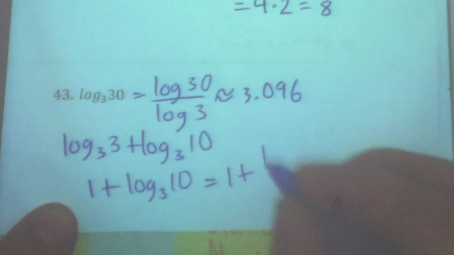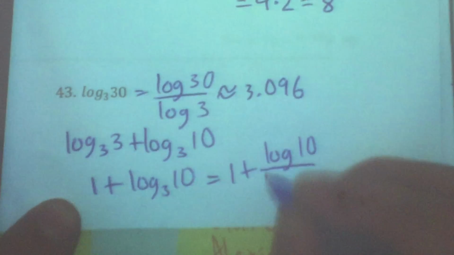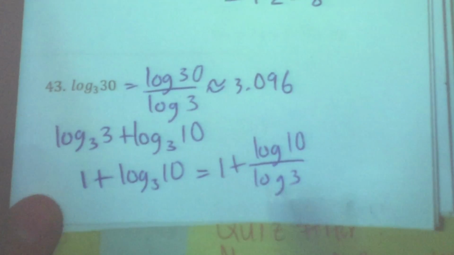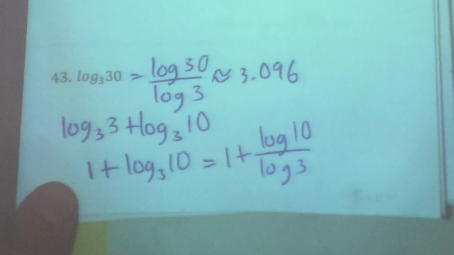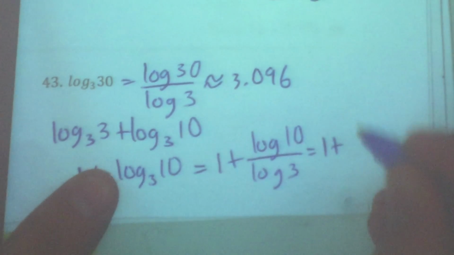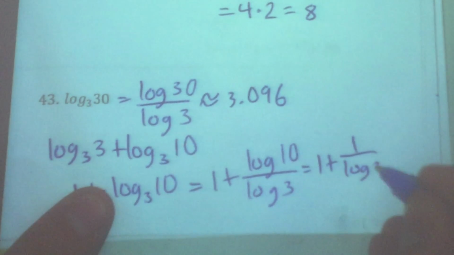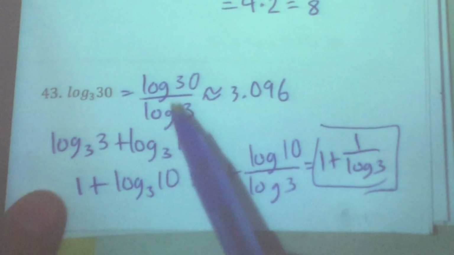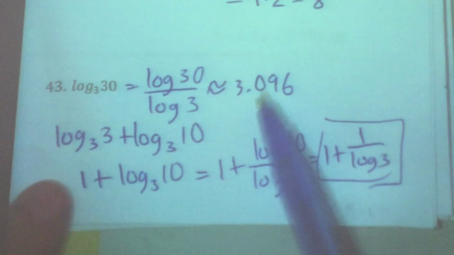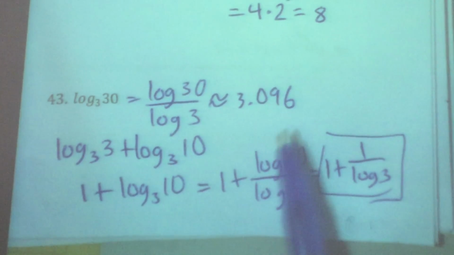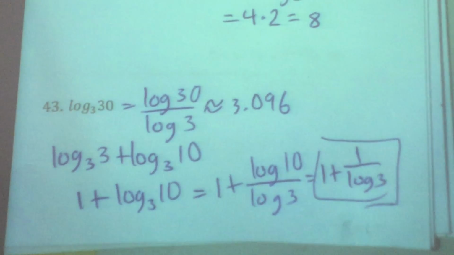So it's 1 plus log of 10 over log of 3. I could keep going a little more because log of 10 is just 1, because the base is 10. So it'll be 1 plus 1 over log of 3. That is the exact answer, which should also give me 3.096.